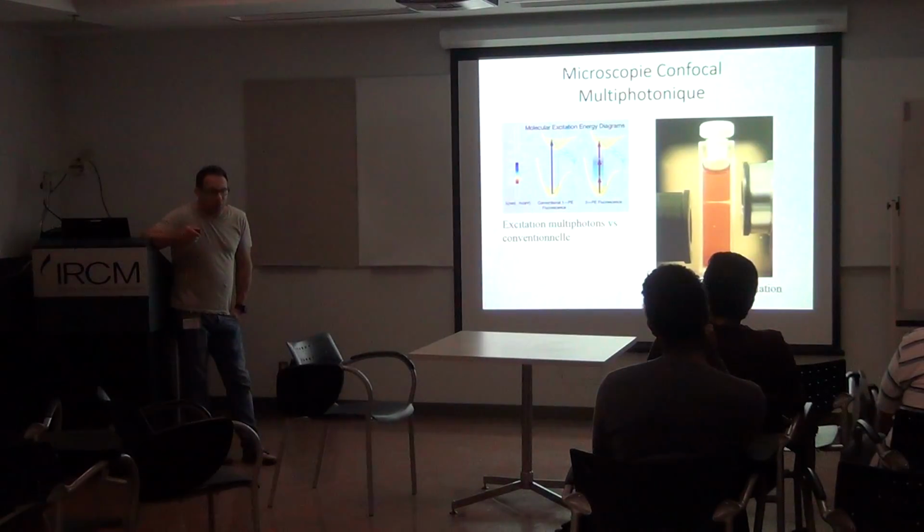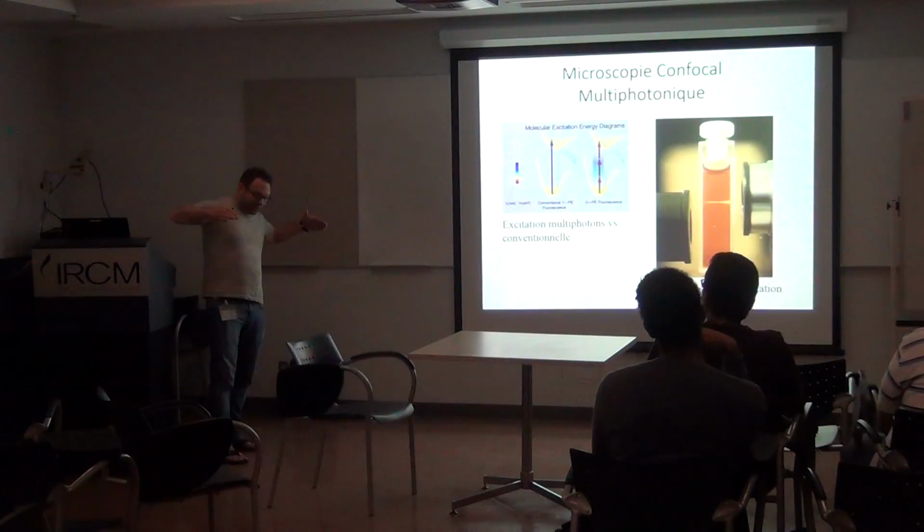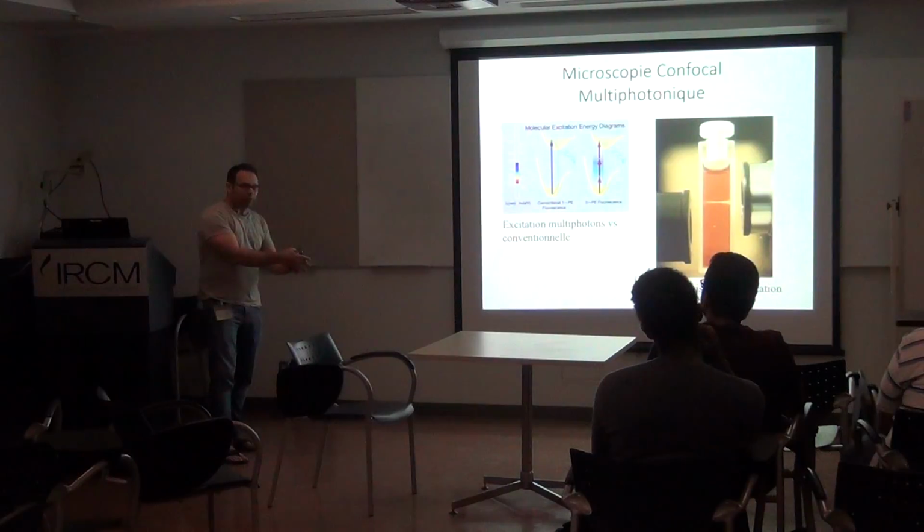And where there are a lot of photons at the same time, it's really at the focal position, because all the photons are sent to a certain focal position, and at the focus, this is where all the photons meet and are in a particular place in space.